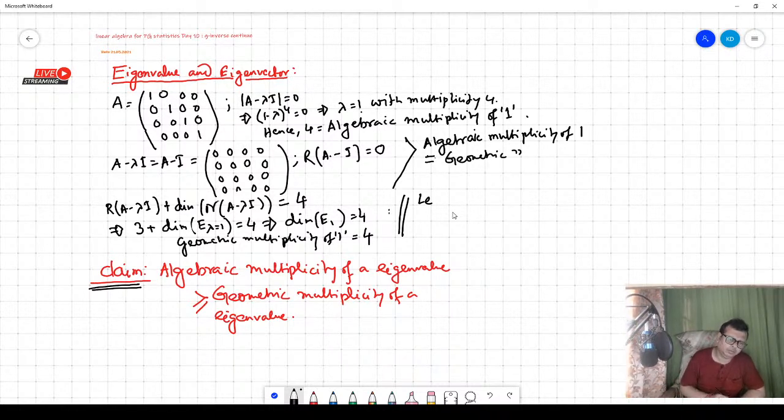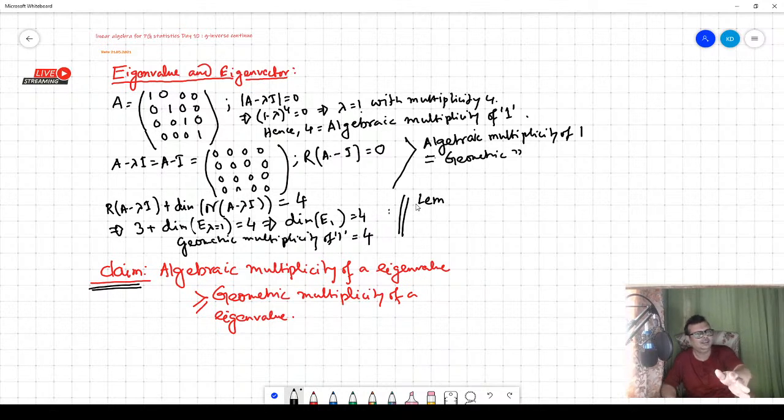Before proving this claim, I need this lemma. I finished the first example. In the first example, I see that algebraic multiplicity is greater than geometric multiplicity.